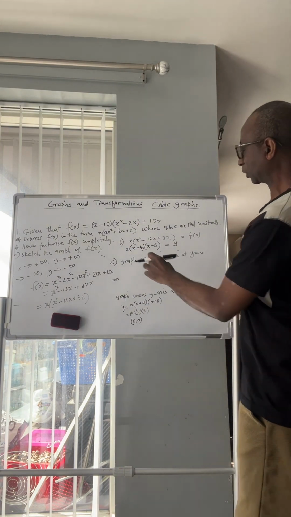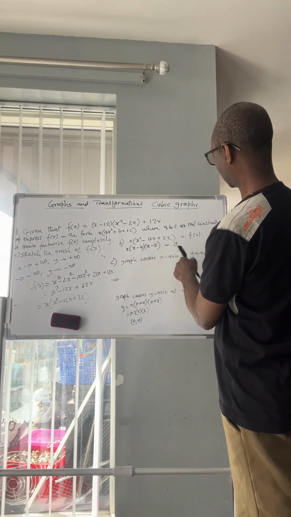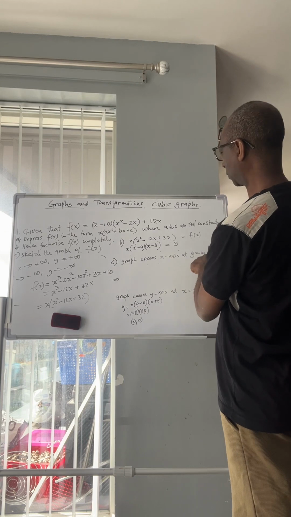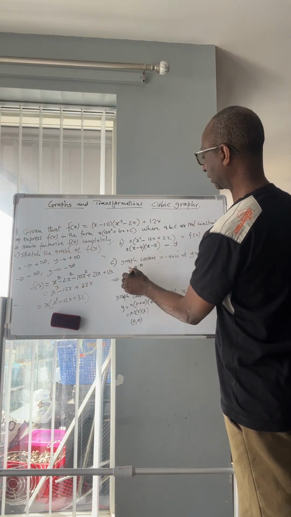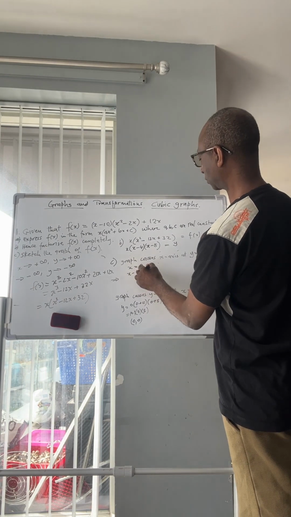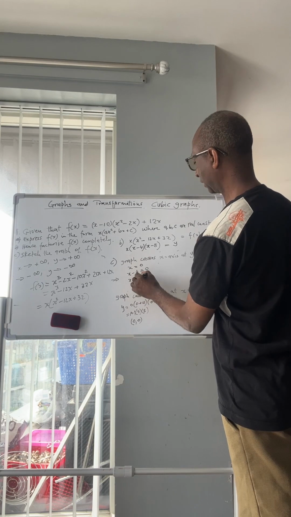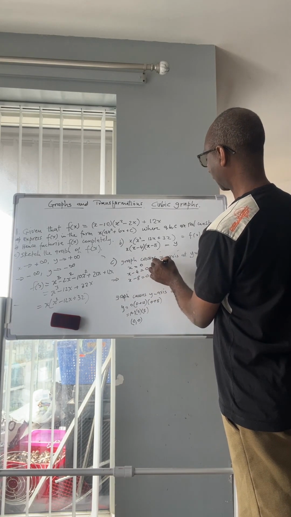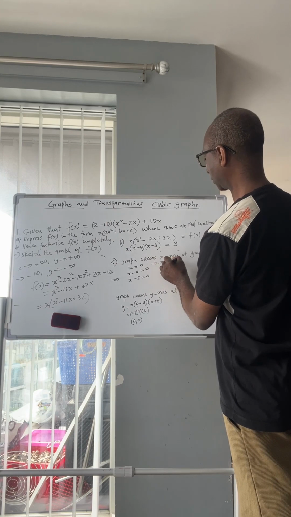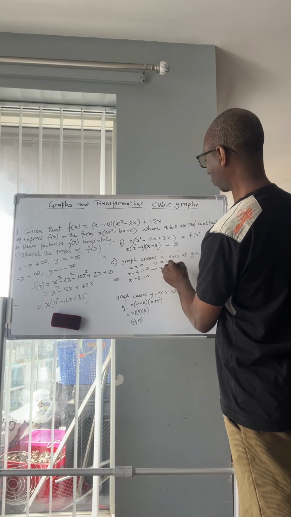Yeah? So now the graph crosses the x-axis at y equal to 0. That is x equal to 0 here, and x minus 4 equals 0, and x minus 8 equals 0. So this implies x is equal to 0 here. This implies x equals 4.